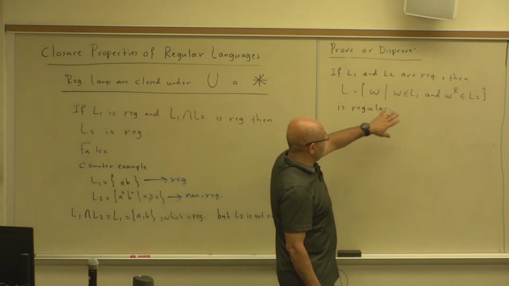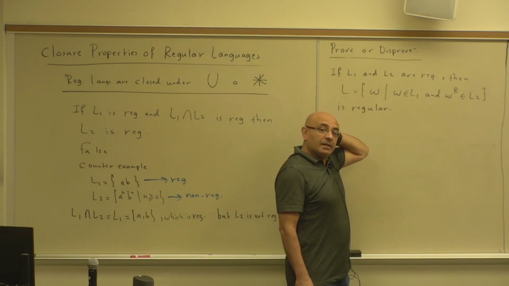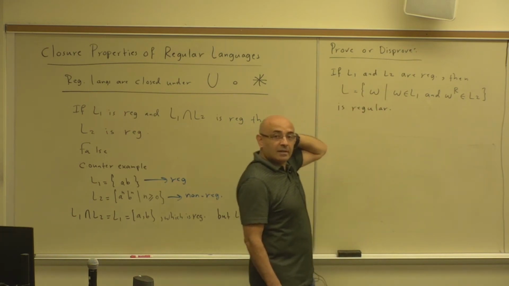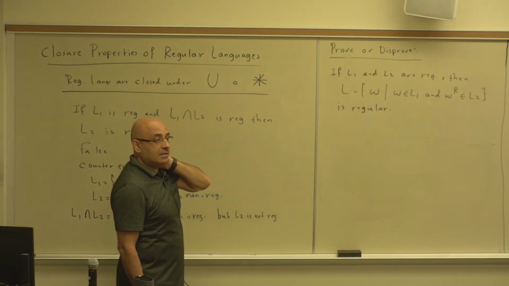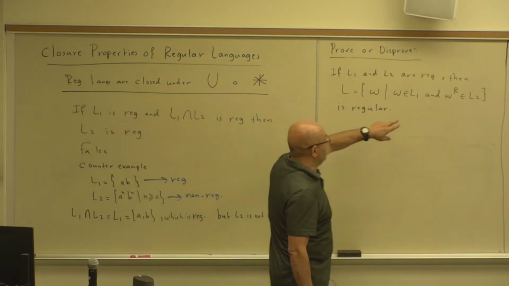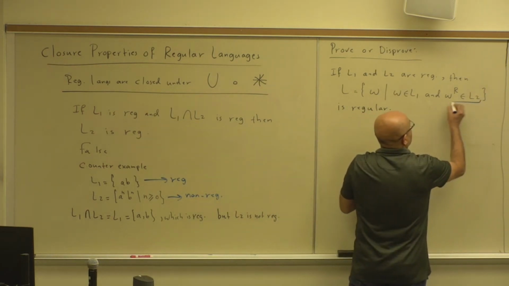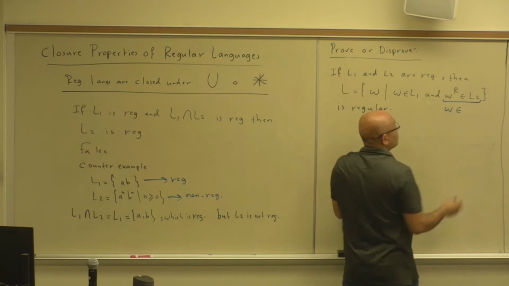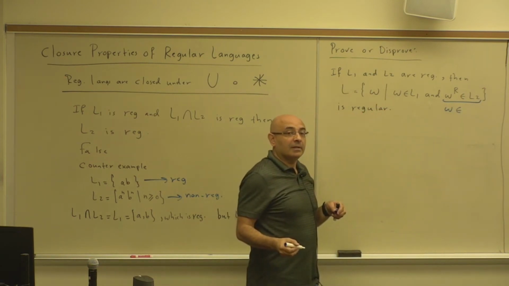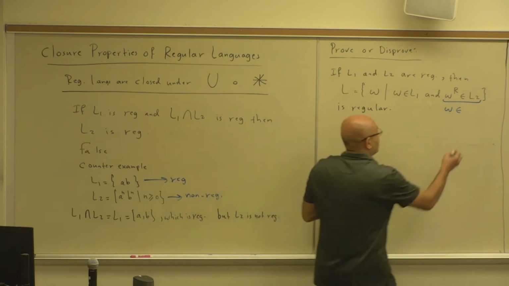The and is intersection, and this is reversal. When you say W reverse belongs to L2, it's equivalent to saying that W belongs to the reverse of L2.